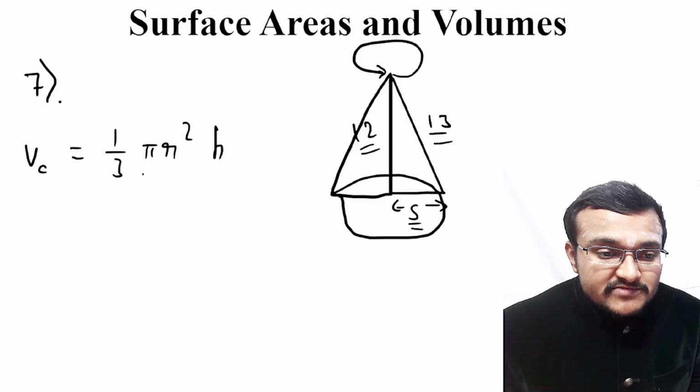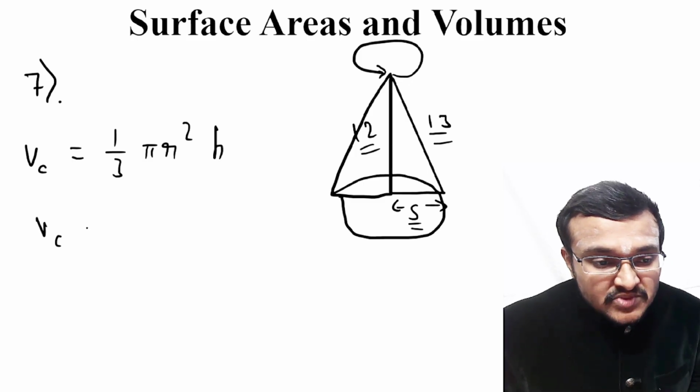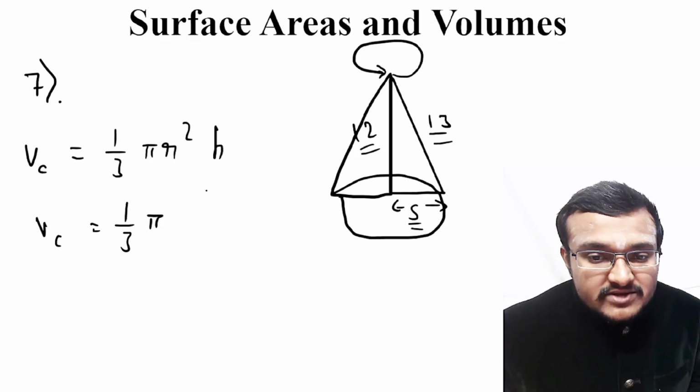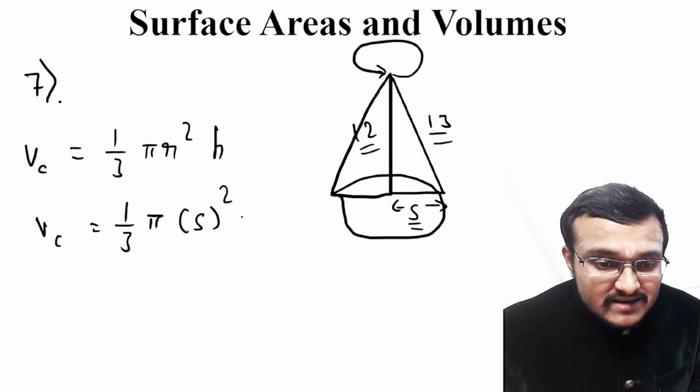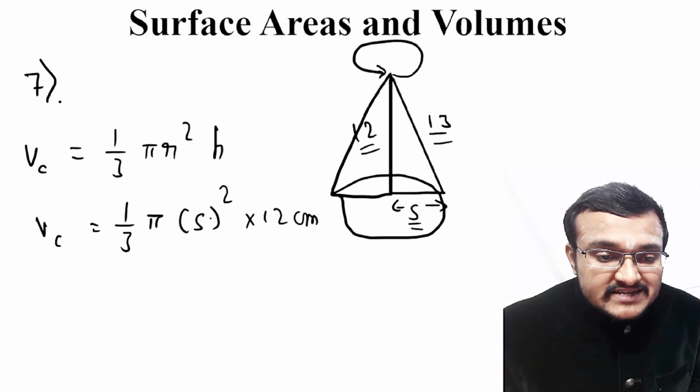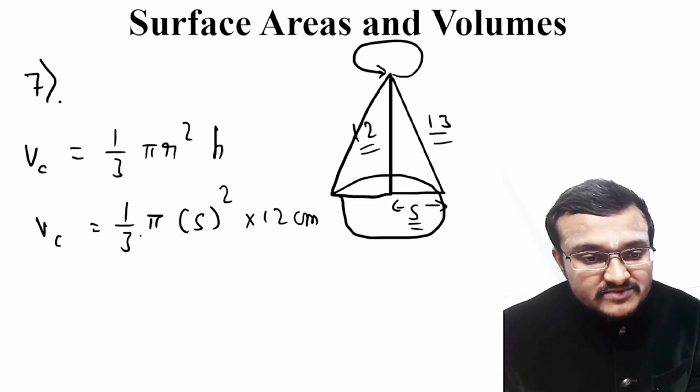The formula for volume of the cone is 1 by 3 pi r square h. So that is equal to 1 by 3 pi r square, where r is 5, so 5 square, and height is 12 centimeter.